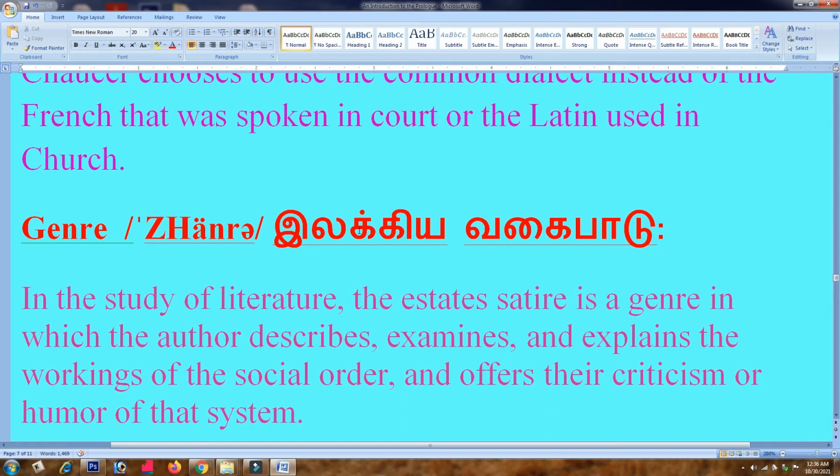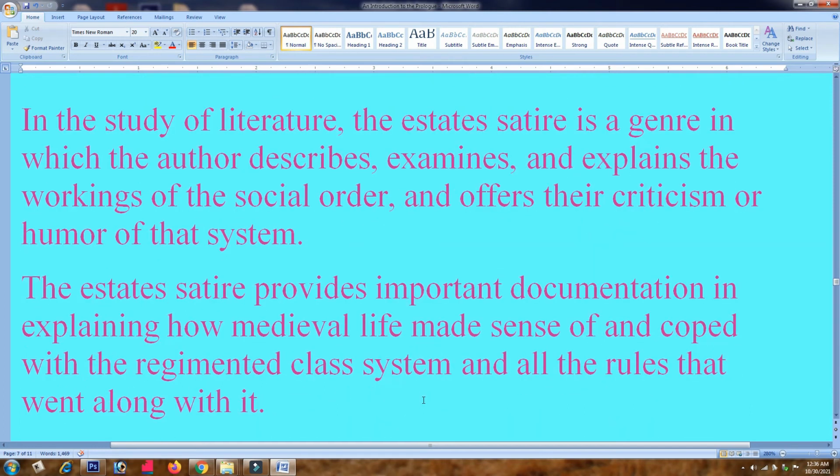Genre. What kind of literature is the prologue to the Canterbury Tales? In the study of literature, the estate satire is a genre in which the author describes, examines, and explains the workings of the social order and offers criticism or humor of the system.